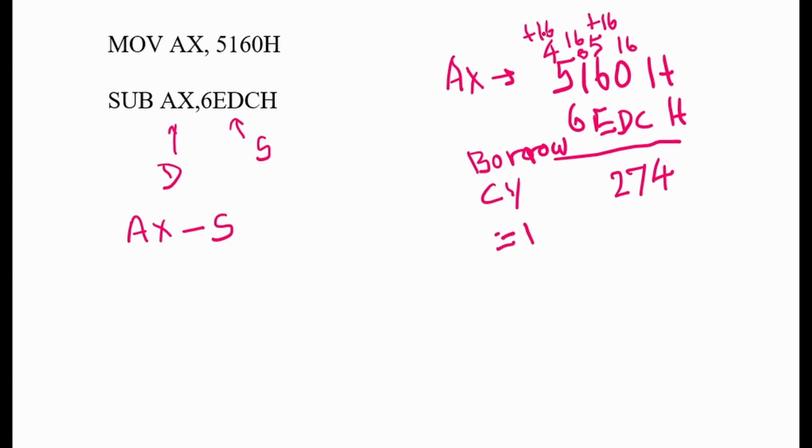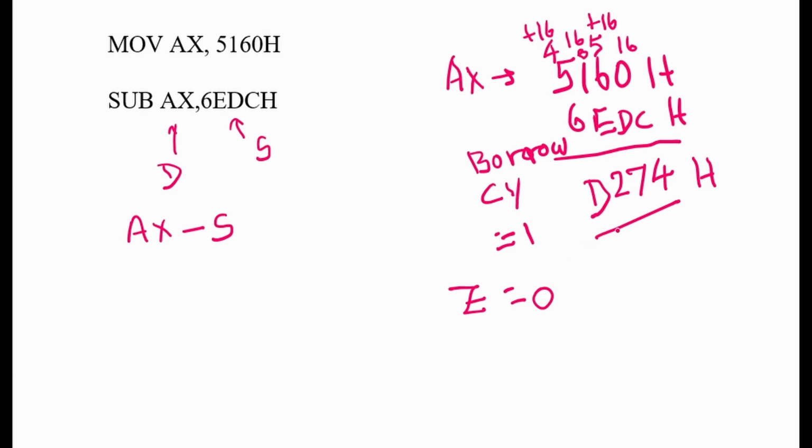And you will have 16 here. 16 plus 4, 20. 20 minus 6 is 14. So it will be D. So the answer will be D274H. In this case, the carry flag will be set and the answer is not 0. So the zero flag will not be set to 1, it will be 0 only.